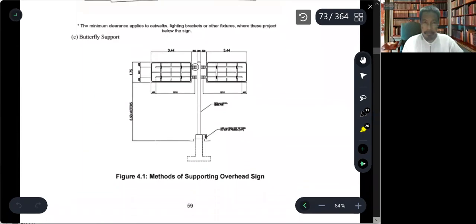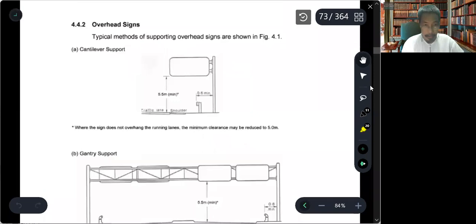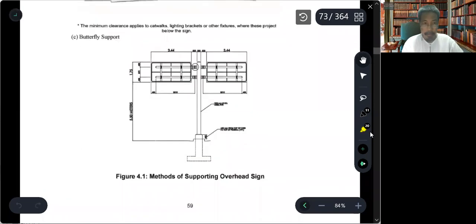The last type of support is what we call butterfly. So we have cantilever support, we have gantry support, we have butterfly support. For butterfly support, there is only one post, but the post has to be put in the middle of the road, possibly an island.